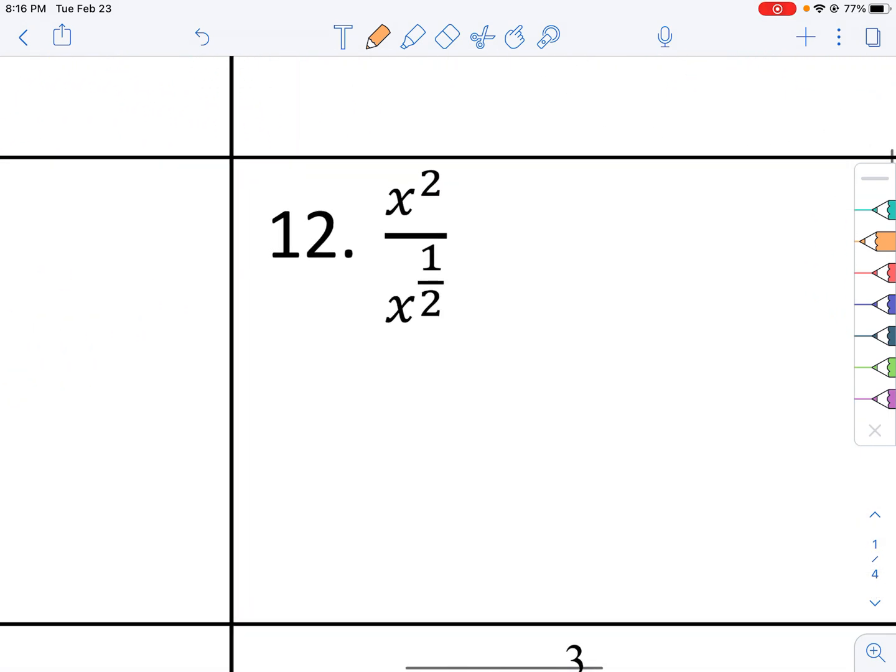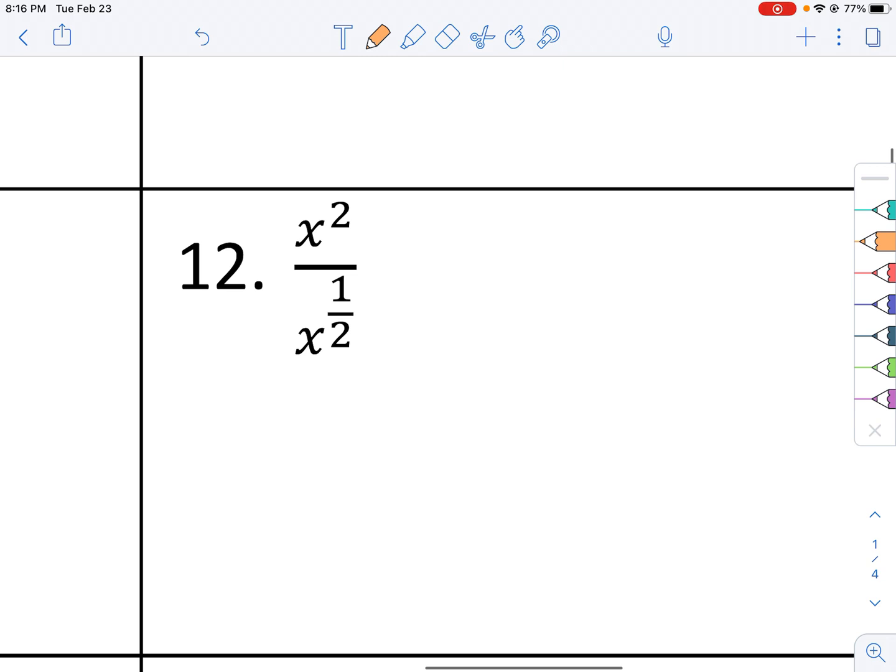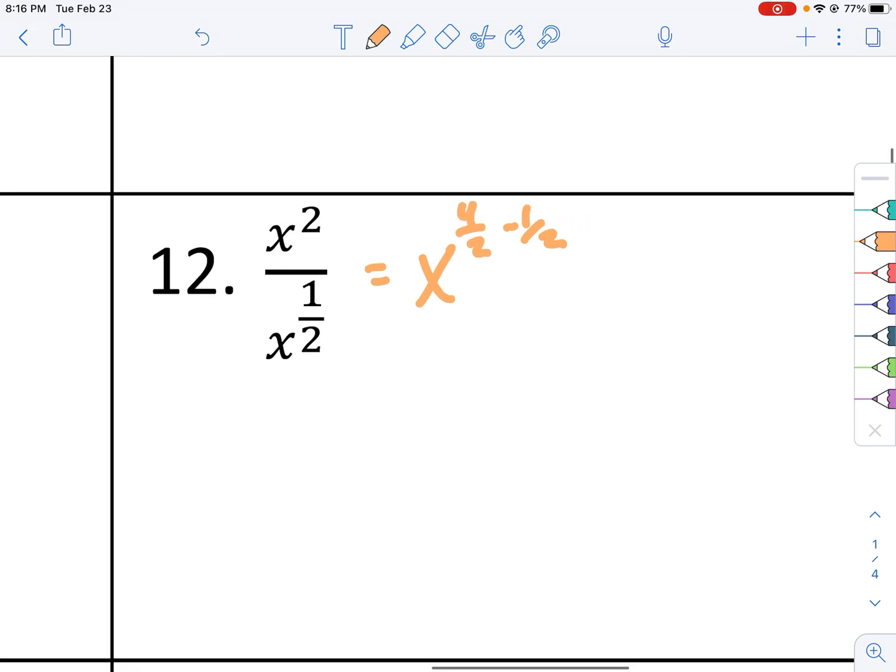Coming over to this side, I actually realized what I maybe should have done for that question now that I'm looking at this next one. You have 2 and you have 1/2, right? Both of the bases are the same, so we can actually just subtract that. So this is going to be x to the 2 minus 1/2. 2 minus 1/2 is really 4 halves.